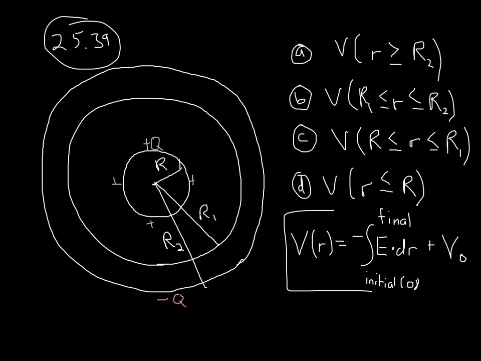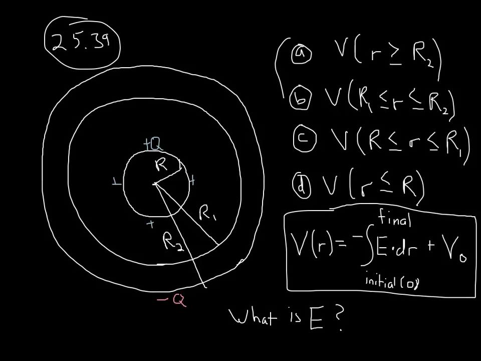This is really the key to solving these kinds of problems, knowing that the potential is the integral of the electric field. So our task really is to find what the electric field E is for all of these different positions.